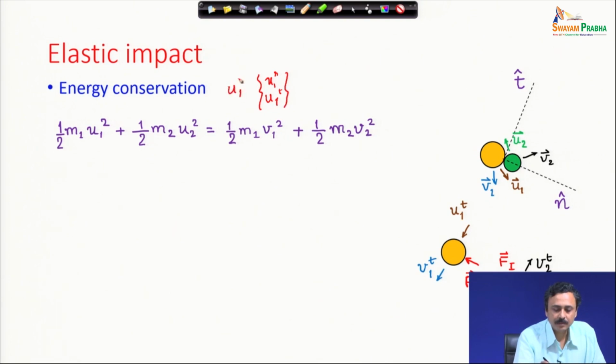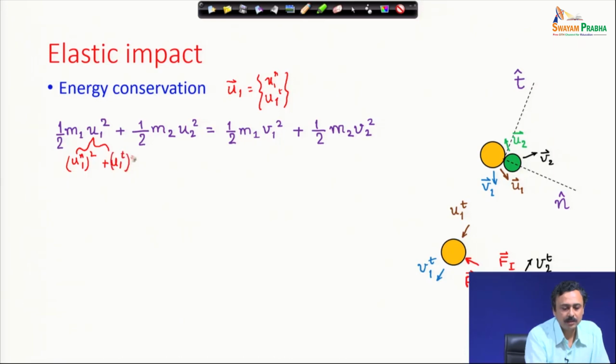This is u1, which is the incoming velocity of particle 1, and it has two components in the tangent and normal directions. Therefore, note u1 square is u1 normal whole square plus u1 tangential whole square.